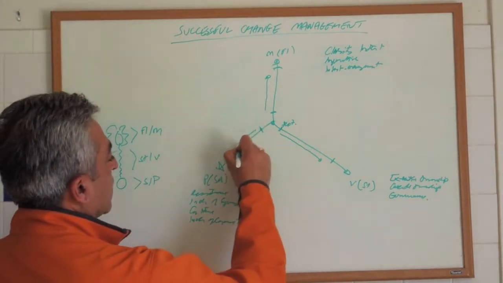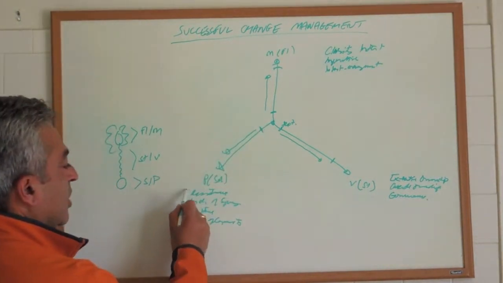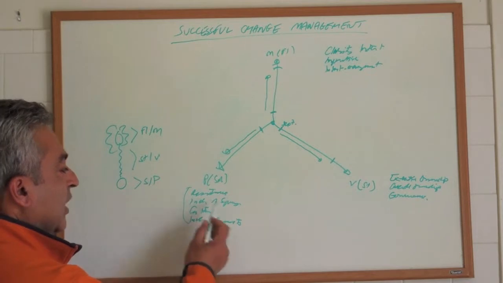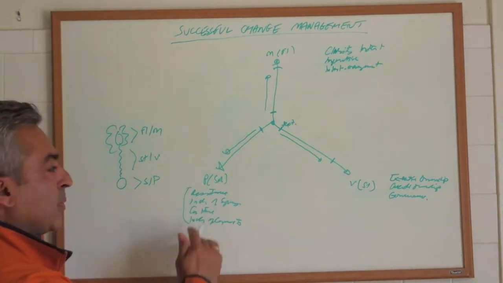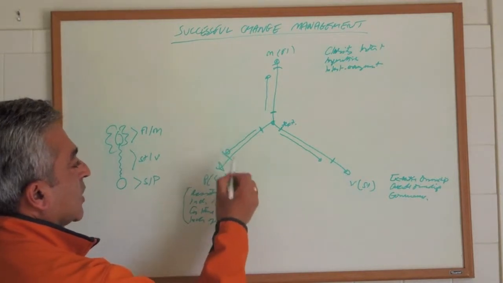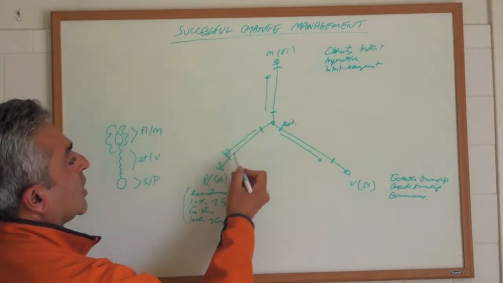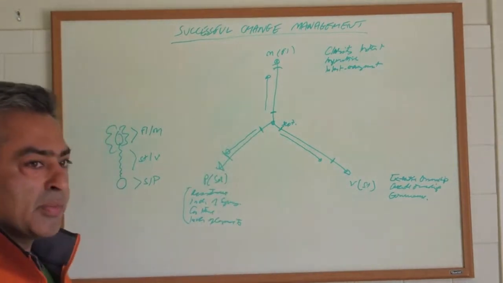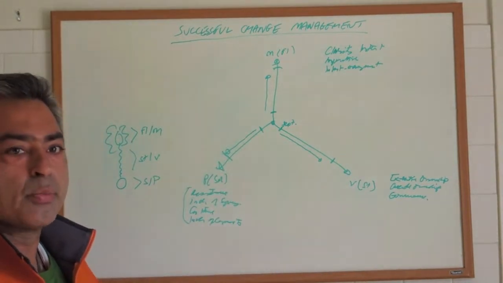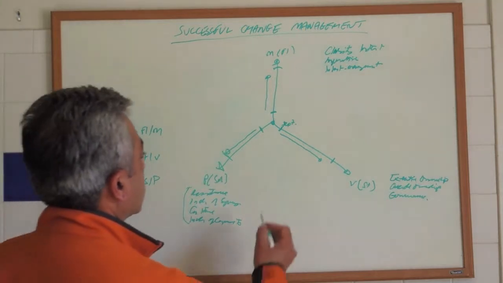So it becomes necessary to manage things like resistance, manage the lack of synergy, manage the culture, manage lack of capacity, so that we have a movement away from that dynamic of keeping the status quo to allowing new possibility to emerge within the organization.